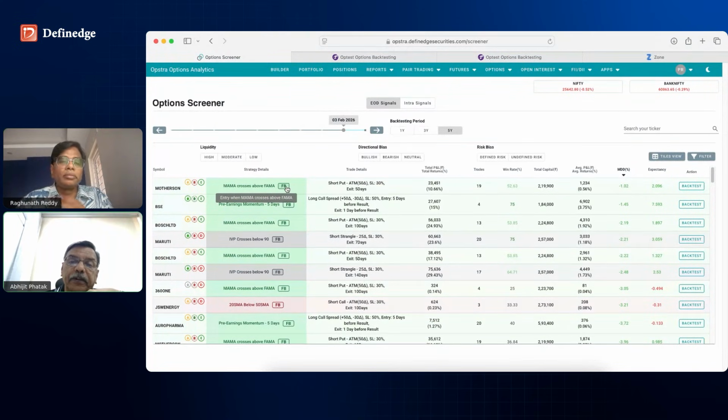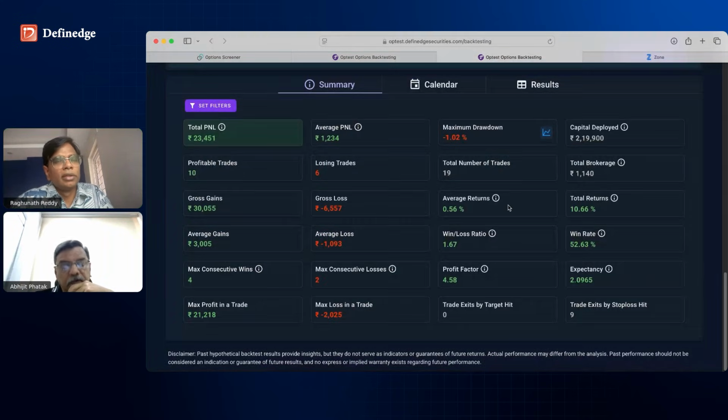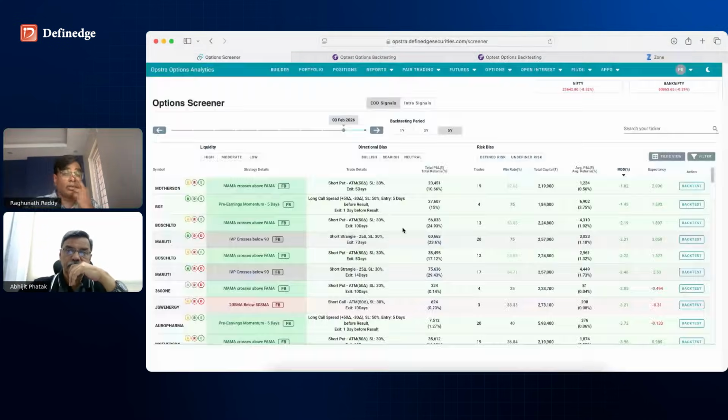Even if it is free, the free users will not be able to use OPTEST right now. I think there is some limit, they can backtest some 5 or so in a day. So at least that much they can backtest, but otherwise, no.